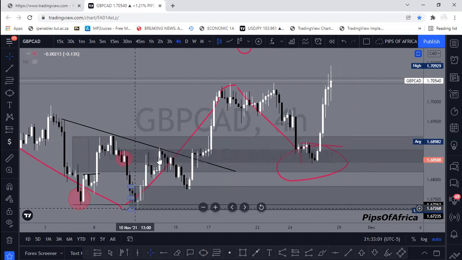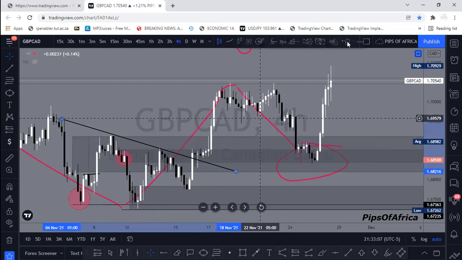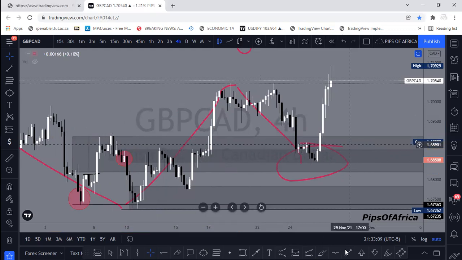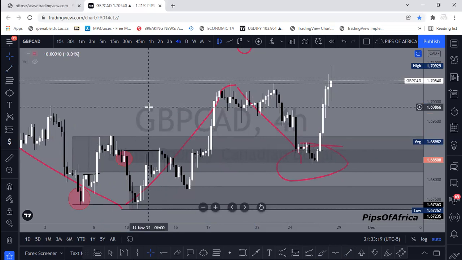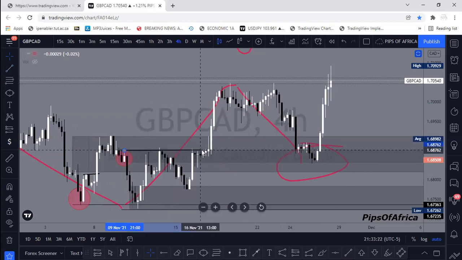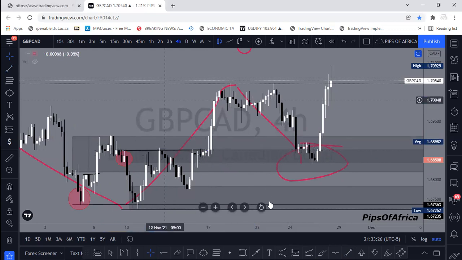Once the market breaks the structure, you want to see the market breaking the supply once again. The market broke this supply here, it was broken by this move. Or maybe let me just use this one, because that break of market structure is not clear and clean.